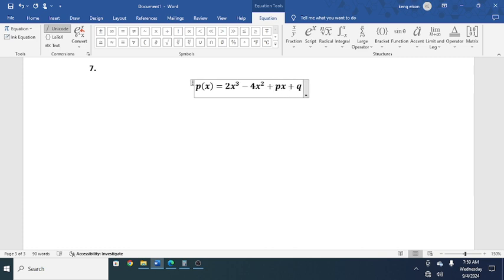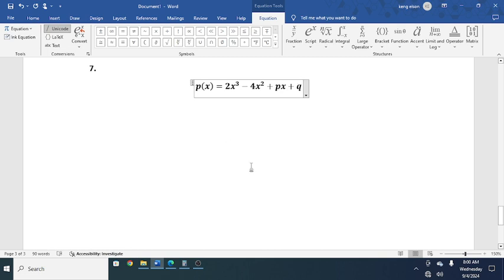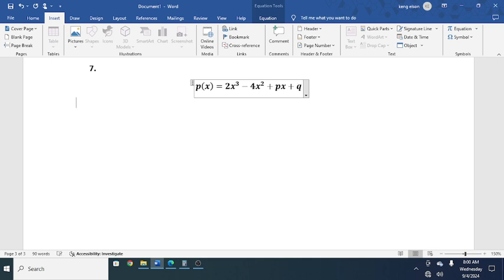Now we need to divide this polynomial by another polynomial which is x squared plus 2, and the remainder is 7 minus x.